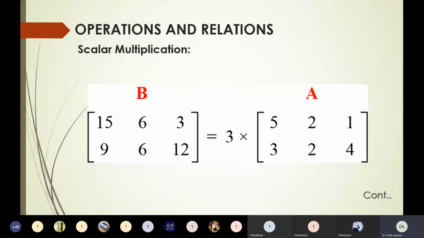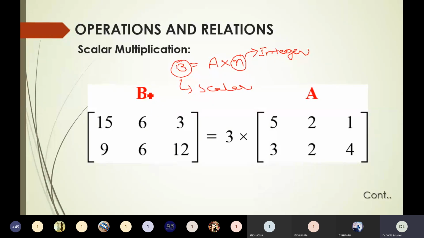Next one, scalar multiplication. So what is meant by scalar multiplication? If a matrix is multiplied by an integer value, n is an integer, then we will get the resultant matrix. The resultant matrix is said to be a scalar matrix.